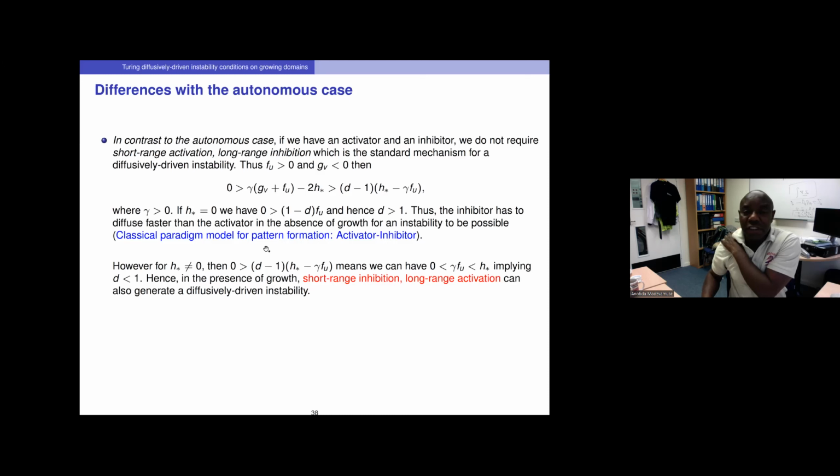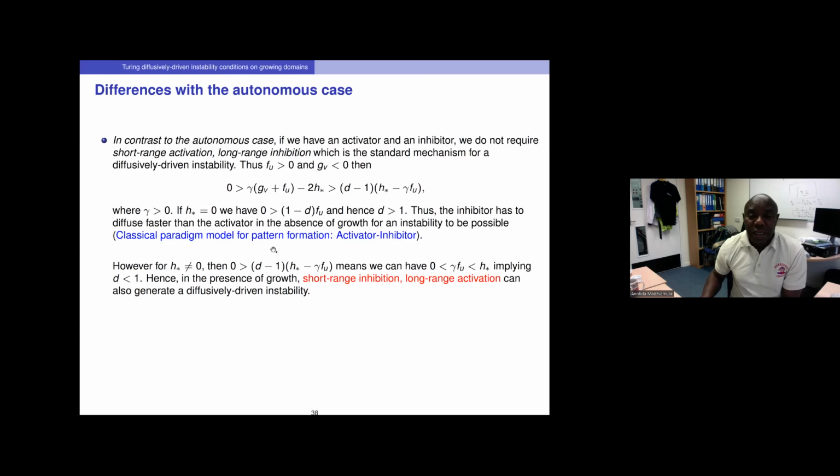Therefore it gives rise to this classical long range activation, short range inhibition. So we need an activator-inhibitor, but with long range inhibition, short range activation, it should be the other way around here.